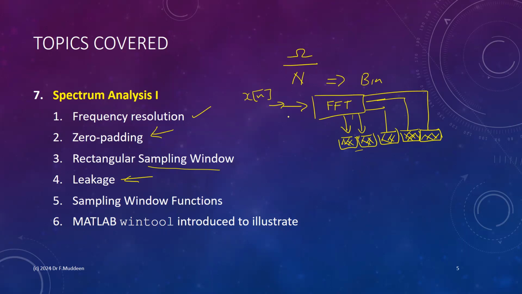And we looked at a variety of them, the rectangular one, a triangular window, and then even this had its own issues too. So then we started to look at those that were based on cosine functions, and we saw the Hamming window.